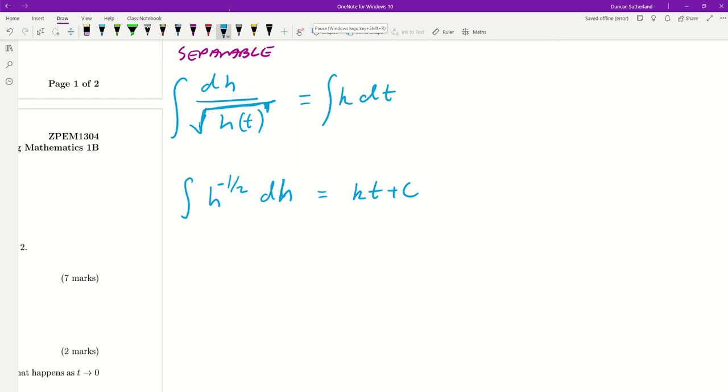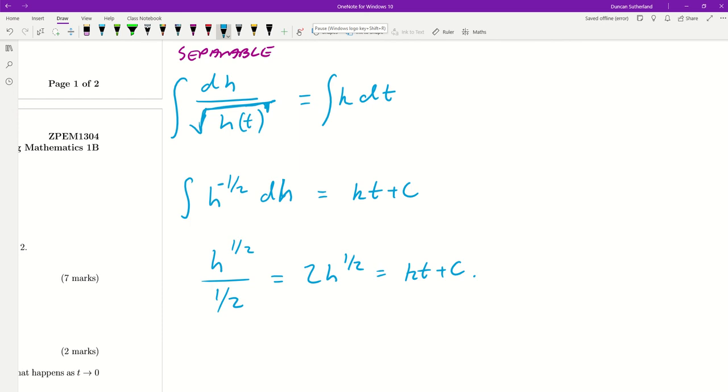Integrating this side now becomes more obvious, right? Add 1 to the power, divide by the new power. Negative a half plus 1 is a half. Divide by a half. So I get h to a half divided by a half, that's equivalent to 2h to the half. And that's still equal to kt plus c.